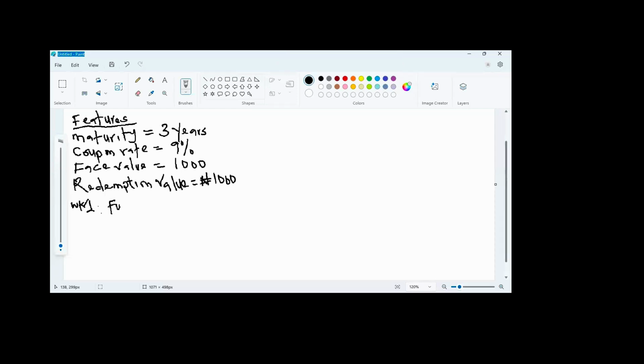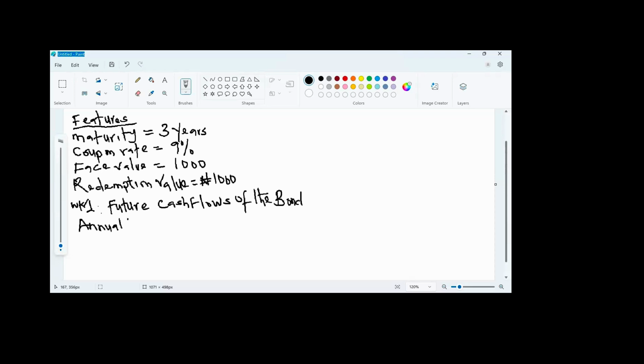Future cash flows. The future cash flows of this bond. One is the annual interest.